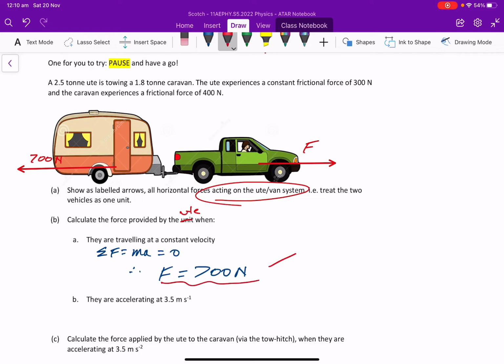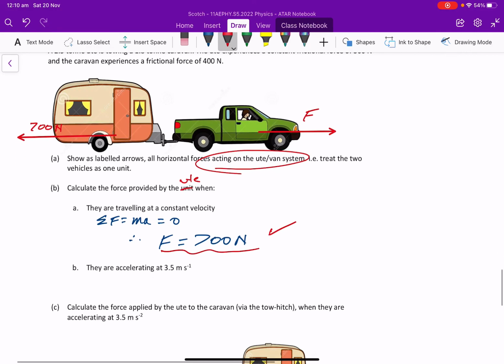I hope you got that. If they're accelerating at 3.5, F must be bigger than the 700 by an amount equal to ma. Sum of the forces is equal to ma. So that means F take 700 is equal to ma.